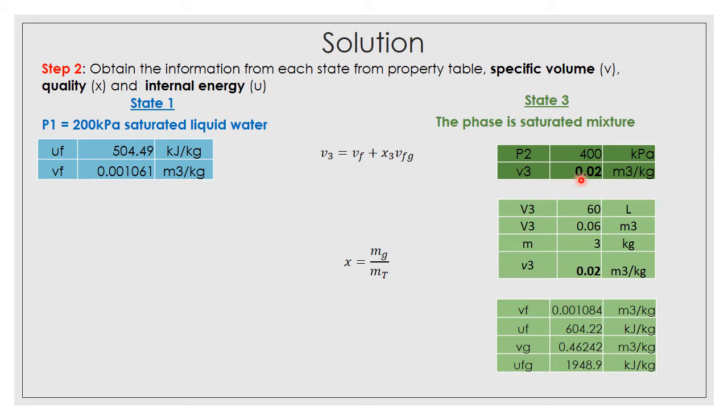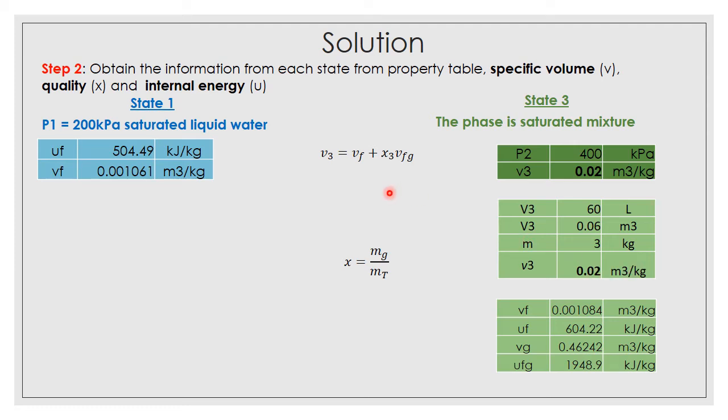So we got 0.02. How do we get this value? Actually, from the question 60 liter is given, and then we convert it by dividing by 1000 to become 0.06 meter cube, and then to convert it to the specific volume, we divide by 3 kilogram, which refers to the question, and finally we get v3 or specific volume at state 3, 0.02 meter cube per kilogram.